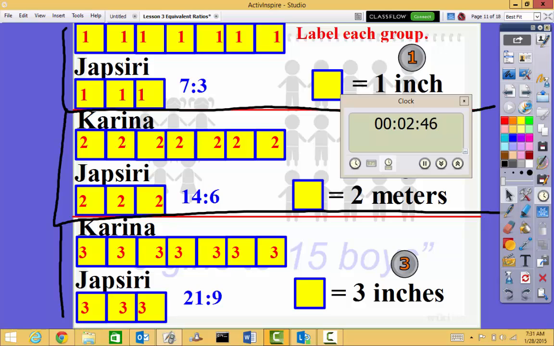We're just showing how our models are the same even though each box represents a different number. It can represent 1 inch, 2 meters, 3 inches, but our models are all still the same.